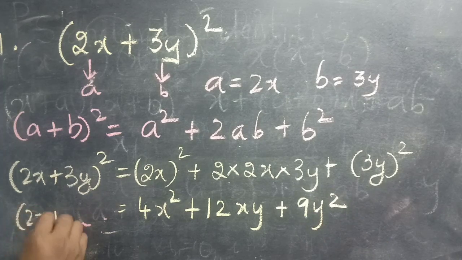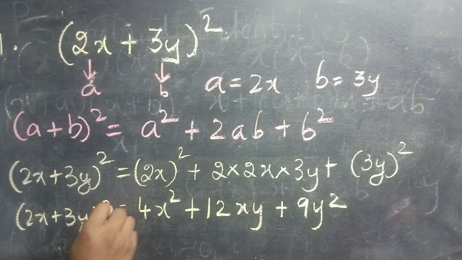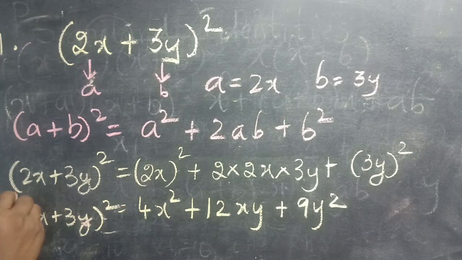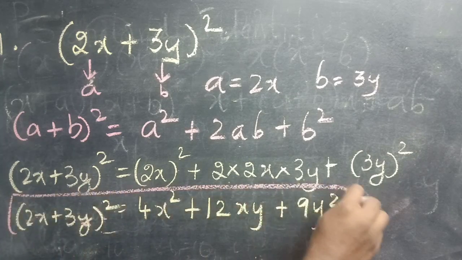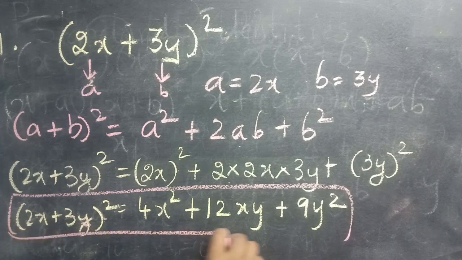Therefore, 2x plus 3y whole square equals 4x square plus 12xy plus 9y square. This is an application of the first identity. Now we will try to solve a few more problems.